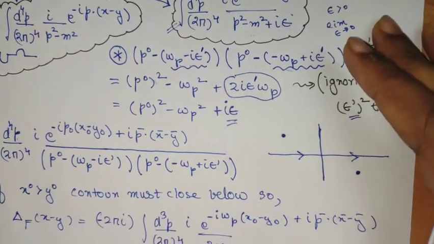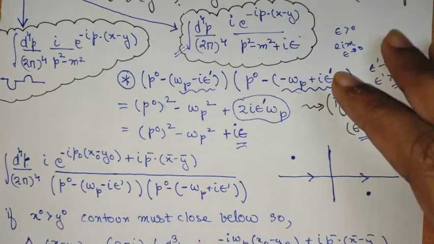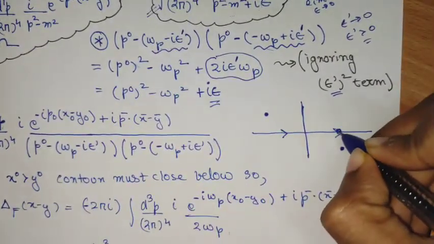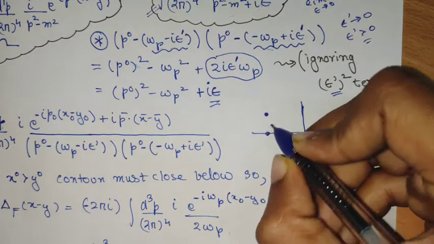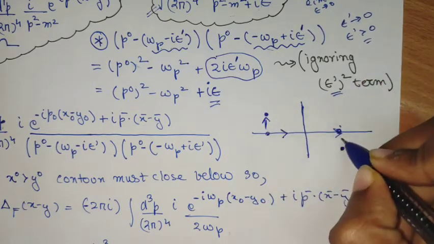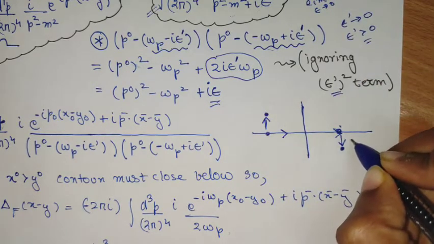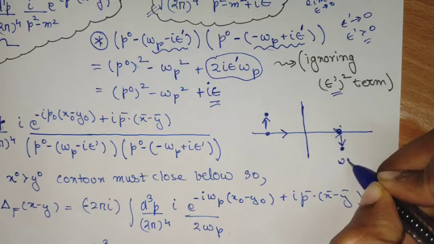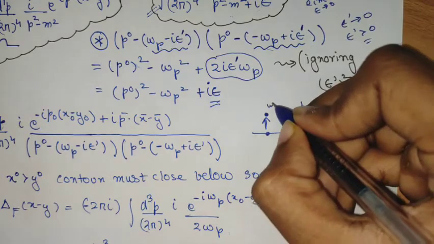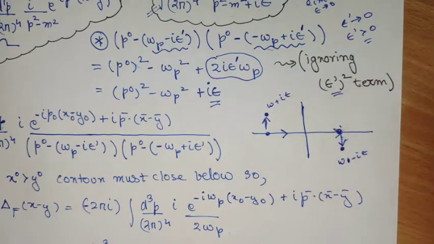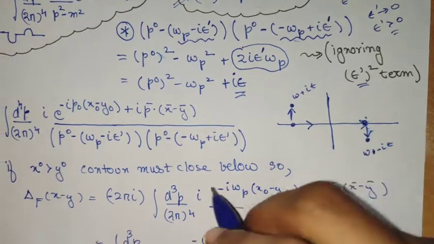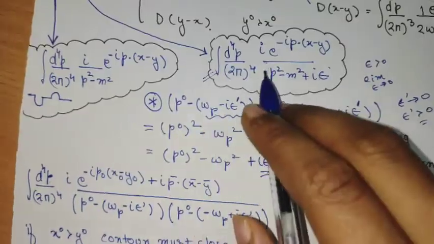So in terms of the Feynman propagator integral that we had previously, earlier we had roots here and here, and now we have shifted the roots. We have shifted the roots by epsilon on the imaginary axis. So this is omega minus i epsilon, and this is omega plus i epsilon. Now there are no poles on the real axis for this integral.